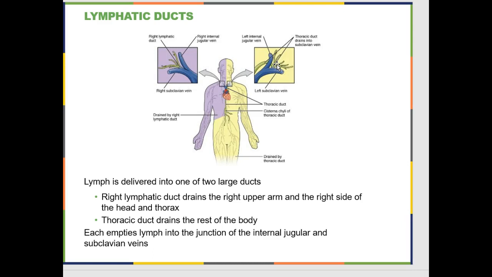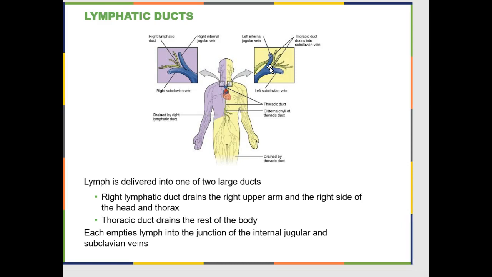It would be nice if we called it the left lymphatic duct, but the reason why this thing right here is called the thoracic duct is because it's continuous with this green part here. So it runs through the whole thorax and empties in right here.